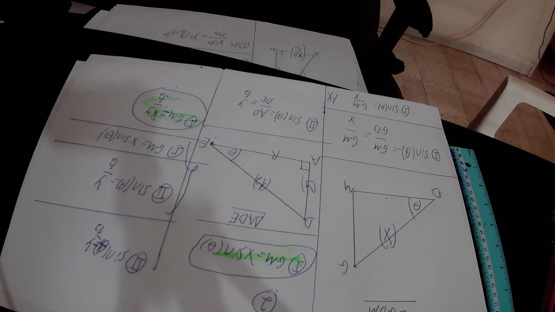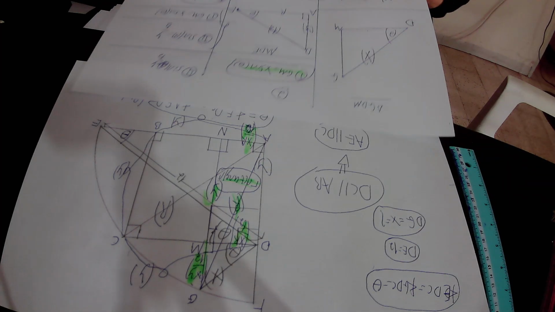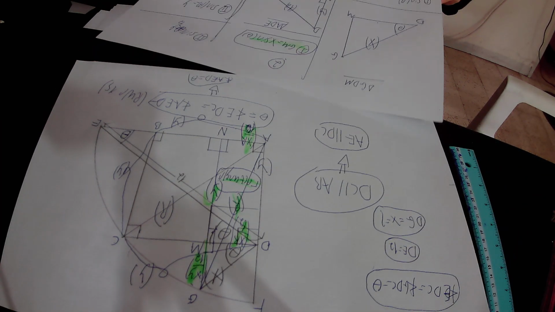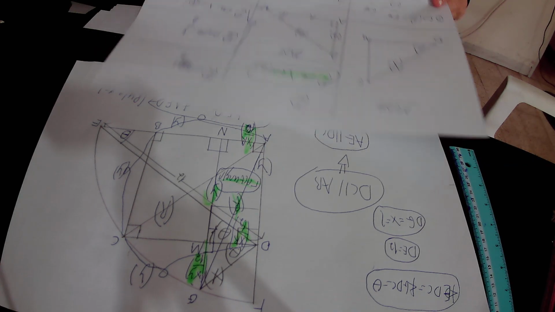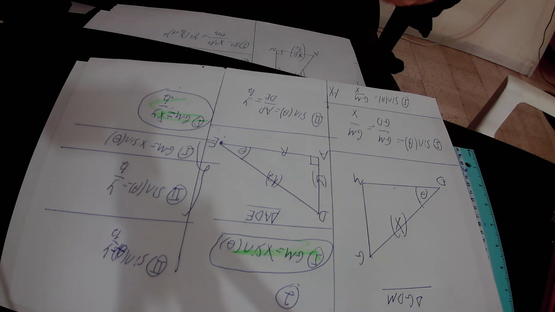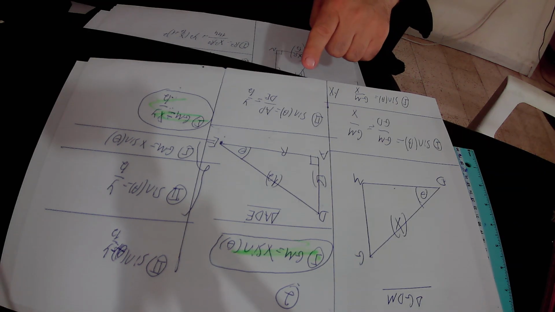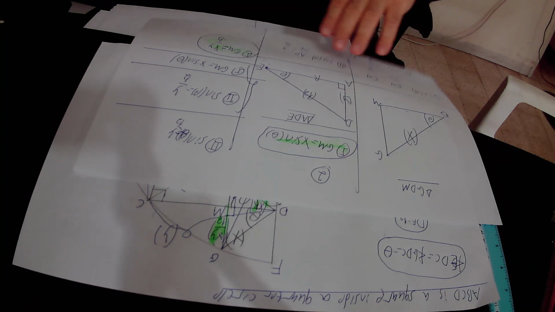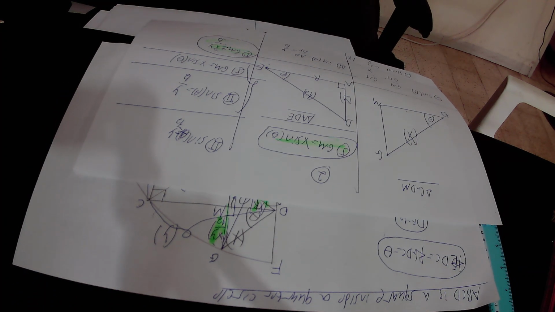AD is Y, because we defined one side of square ABCD as Y, and therefore all four sides of square ABCD are equal to Y. DE is 12, as given in the question. So sine theta equals Y over 12, according to equation 2.